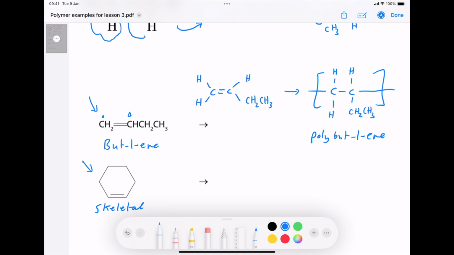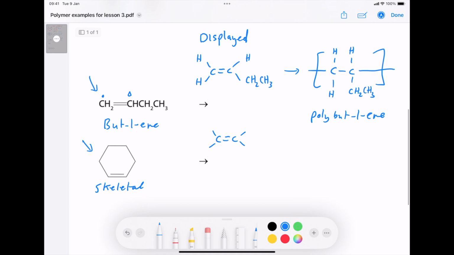So again, what am I going to do? I'm going to draw it out in a displayed form. So by the way, these have been displayed forms, so I can see what's going on, and then I can go back to turning it into a skeletal form for the final answer. Again, don't worry about doing this work and just get the correct answer. So CC double bond, and I can see that carbon there with a dot is that one there.